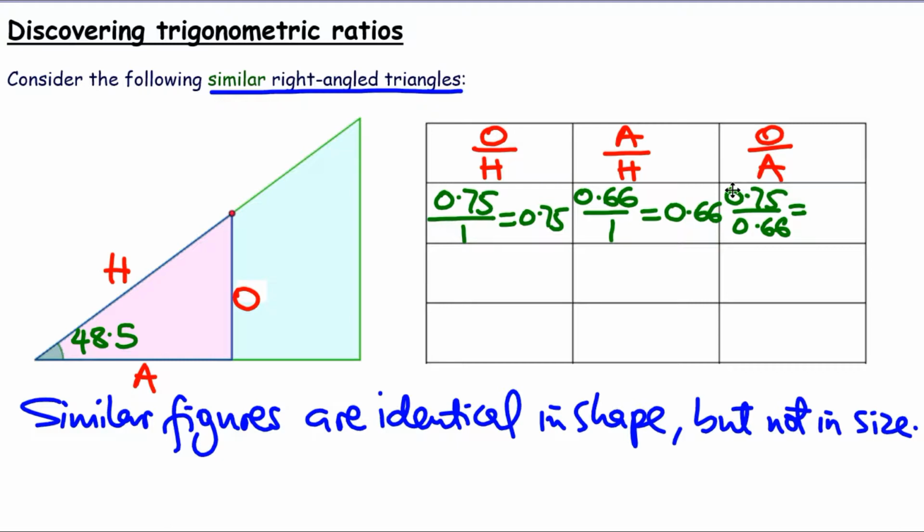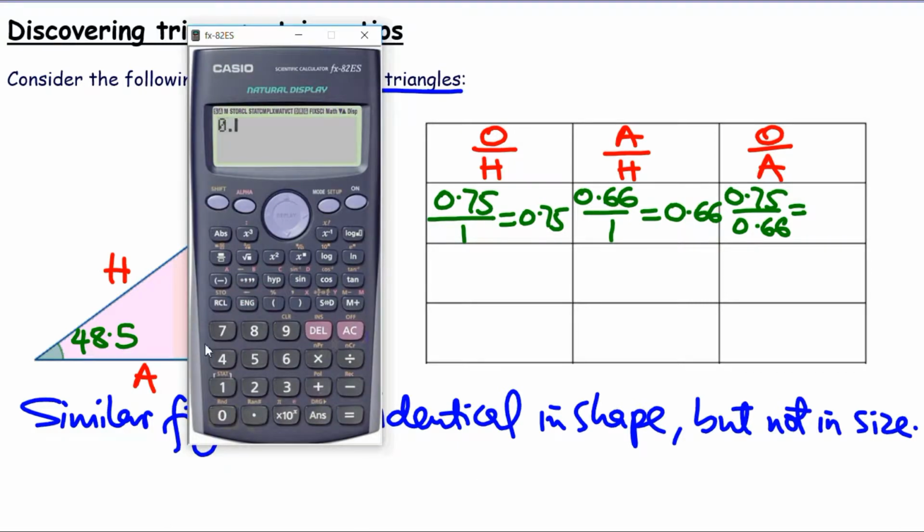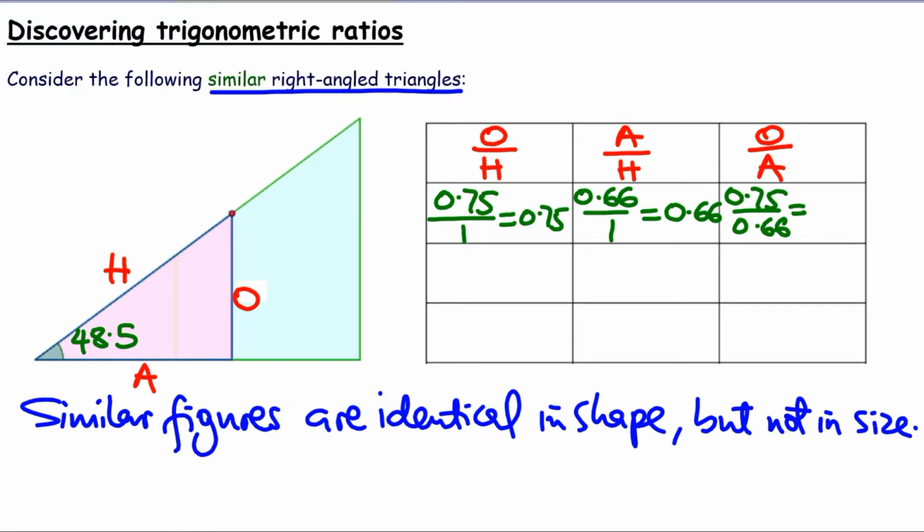So 0.75 divided by 0.66, and what we have is about 1.14, rounded off to 2 decimal places. All right, let's carry on.